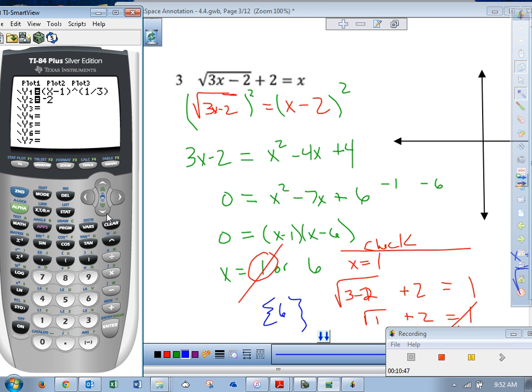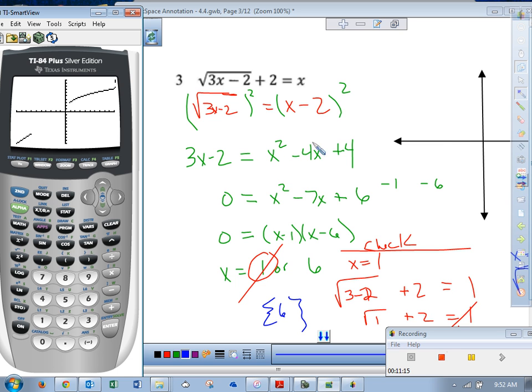Graph the original, not the stuff that we changed around. So it's the square root of 3x minus 2. Then you got to close your parentheses to make sure that's the only thing underneath the radical. Then you add 2 to him. The other guy is x. And then we know our solution is 6, so it'll be on the standard window when we graph him.